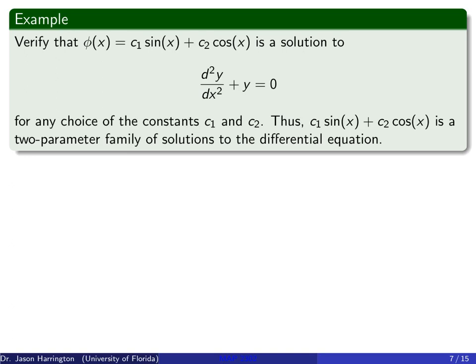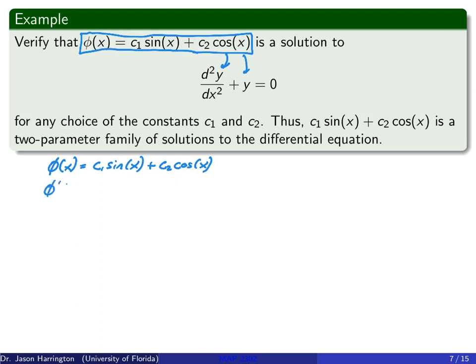And here's another one. I want to verify that this function that I have here, once I substitute it inside, does it work? So again, we do the same thing that we did before. I have phi of x is equal to c sub 1 sine of x plus c sub 2 cosine of x. And I take the first derivative, and the derivative of sine is cosine.